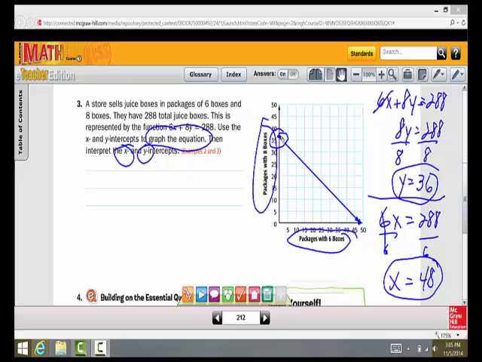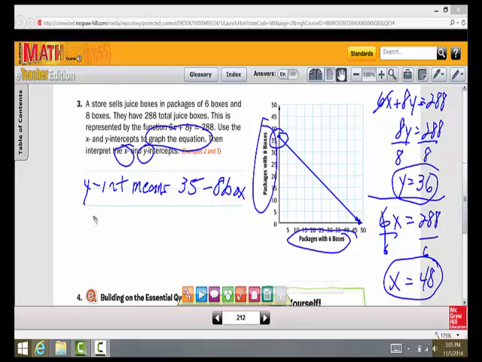What the y-intercept means is that we can buy 35 8-box units, but if we do, then we won't be able to buy any 6-box.